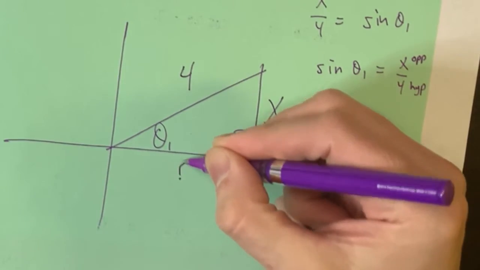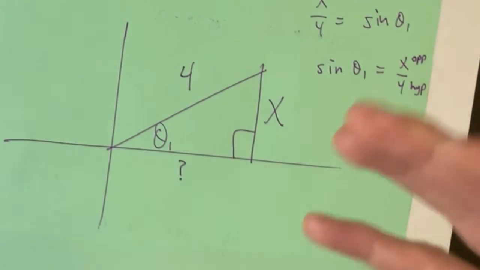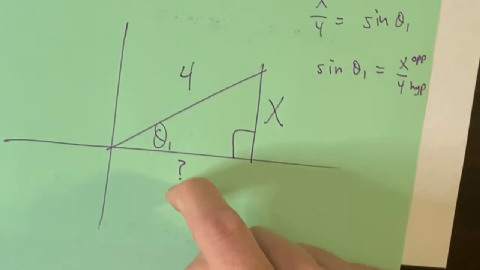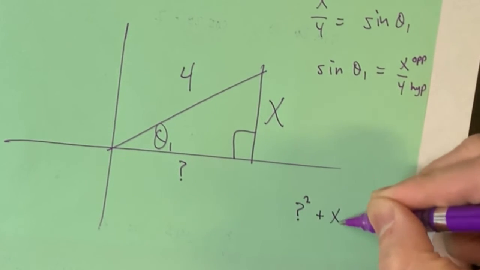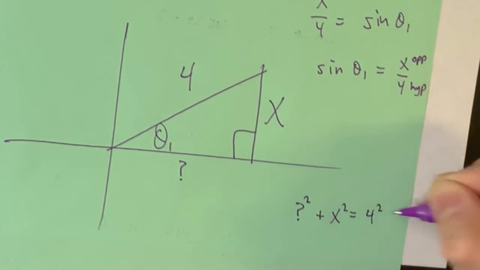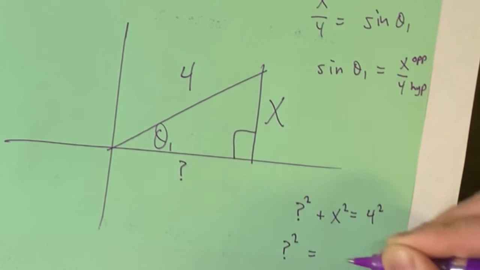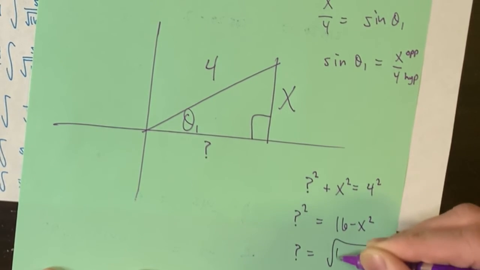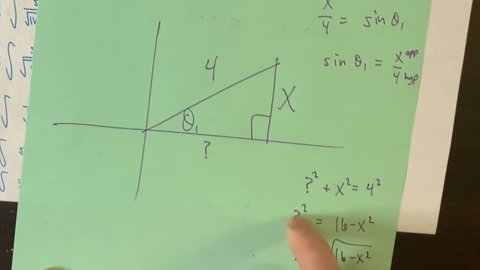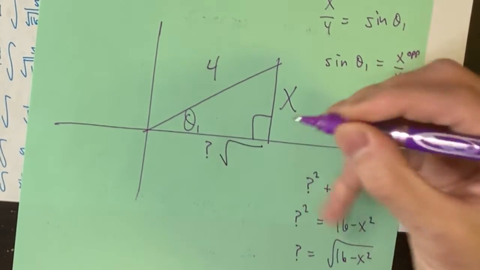And we don't know what this is, but we can go to middle school and do the Pythagorean Theorem. A squared plus b squared equals c squared. So that question mark squared plus x squared equals 4 squared. And so question mark squared equals 16 minus x squared. And so question mark equals that if you square root both sides. So this missing piece is that here.